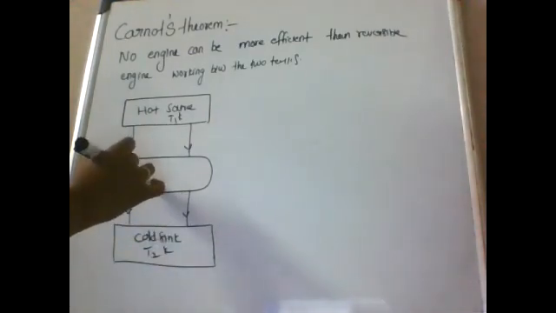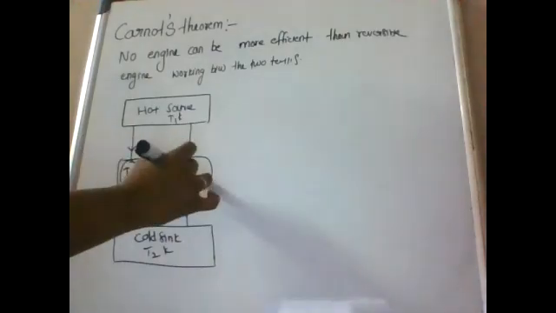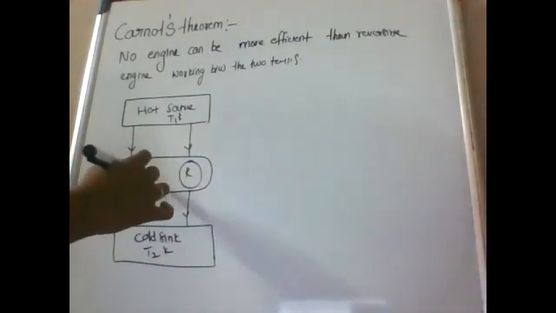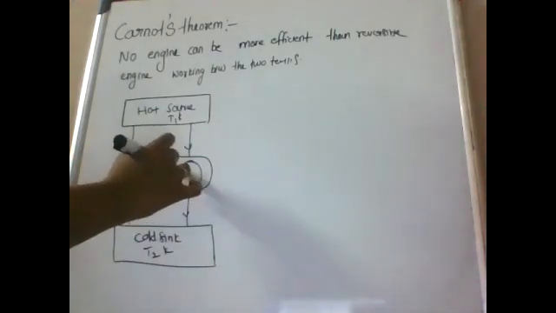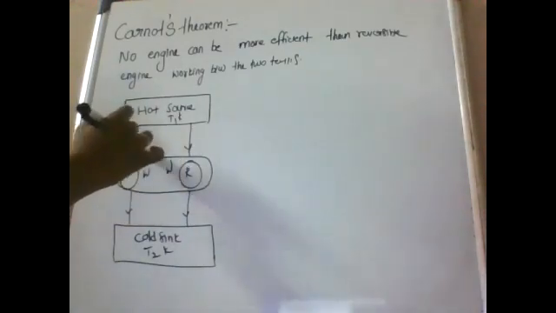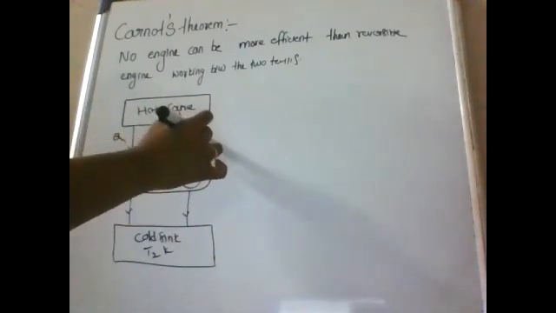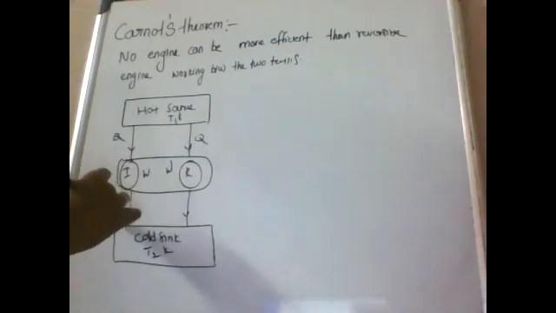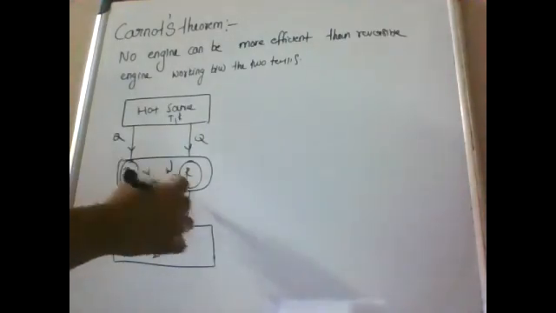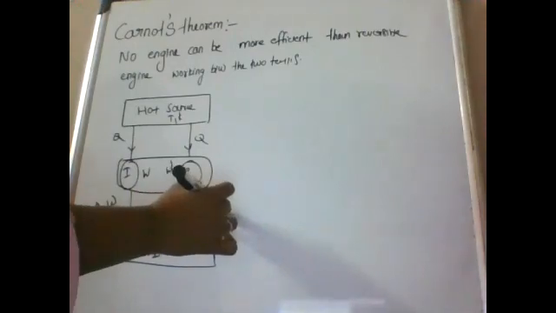This is the irreversible engine and this is the reversible engine. So W dash, Q, here also Q minus Q minus W dash.